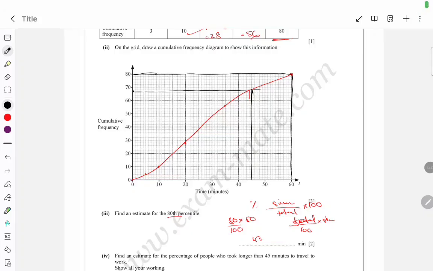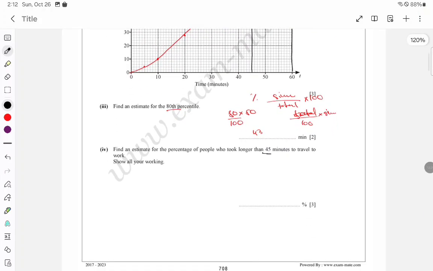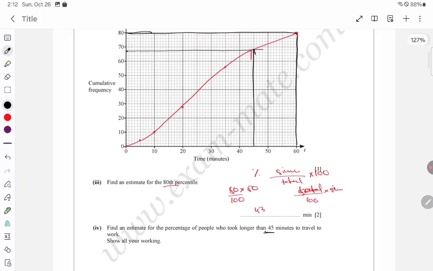Now we simply draw a line at 45 minutes, which will be this point, and move up, and it cuts the graph here. And where it cuts the graph, we move horizontally. It gives the answer of 68 something.